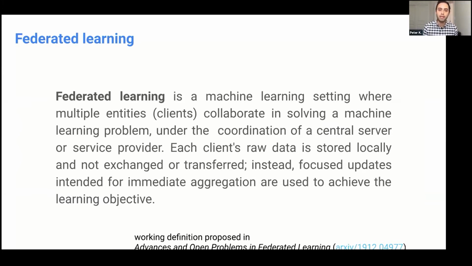The important part here is that each client's raw data is kept locally on the device. It never leaves the device. And we engage in exchanging focused updates for the specific task that we are performing. These are very minimal updates that do not capture a lot of information. They capture the necessary information to design this combined model that the people are engaging in.